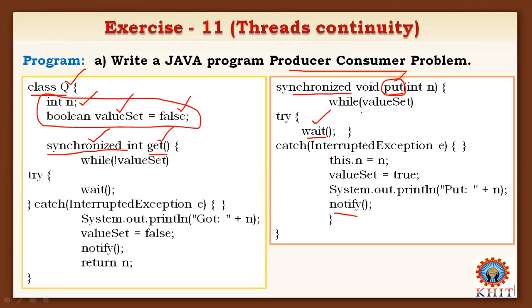Wait gets a lock on the valueSet variable, and when it is made true, it goes into the busy state and nobody can enter to access that variable n or valueSet. This method generates an InterruptedException. After producing the data, when leaving, we will notify other processes to wake up from the blocked or waiting state.